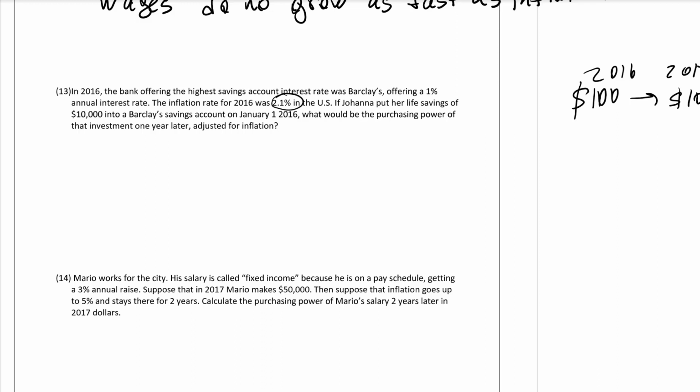It has not been this high until now. The only time it can be compared to is the 1970s. So inflation is crazy high. Here's an example. Let's say someone, we'll say John, invested $10,000 into a Barclays account in 2016.